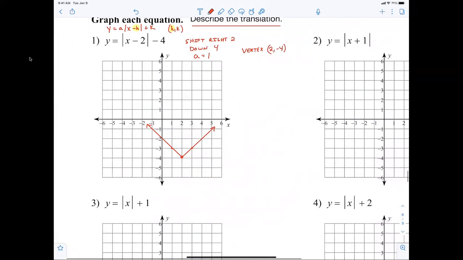Now take out your handy dandy calculator. Under Y1, let's go ahead and hit math.